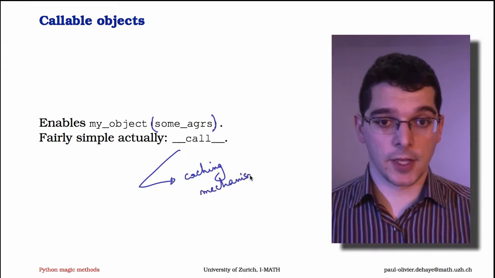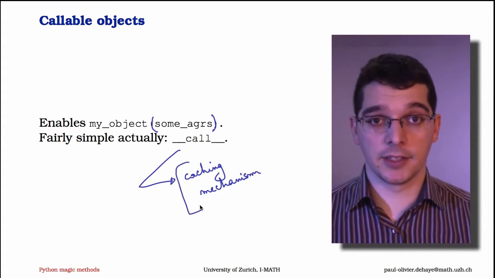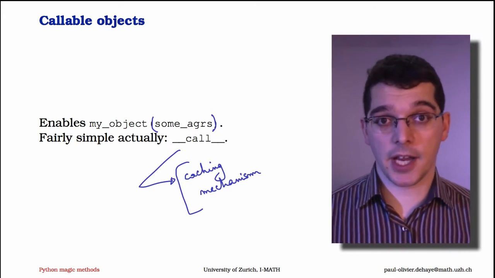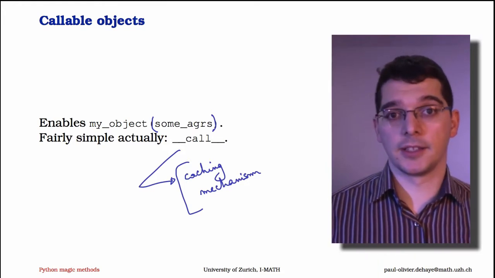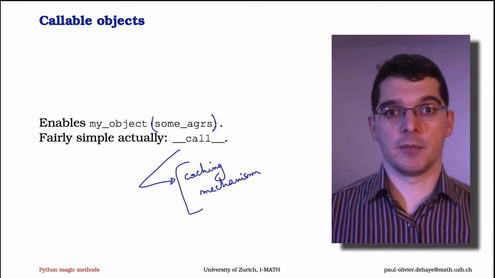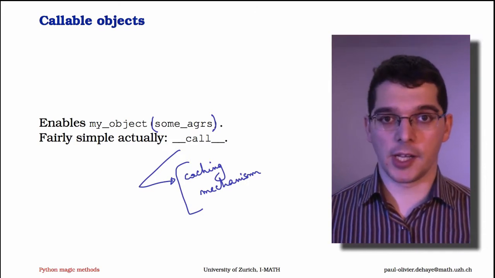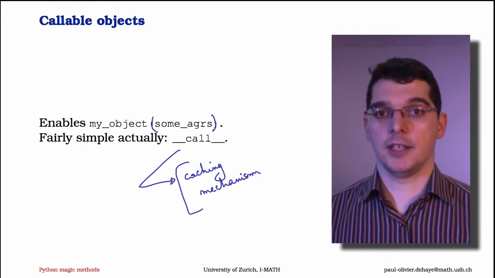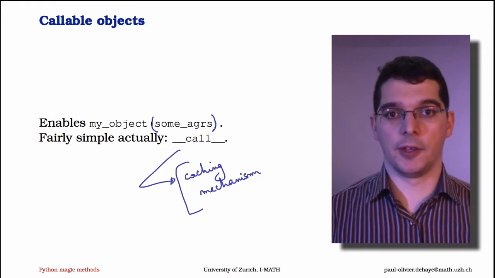Okay, so this is one use case for call. If you think about it, a caching mechanism that we've seen before when we were looking at decorators saves some data associated to a given function. So it's a perfect use case for object-oriented programming, because really here you have some data that's tied to a function. So this means you should define a new class that has as data attributes both the function and the dictionary where you keep all the previously computed values.